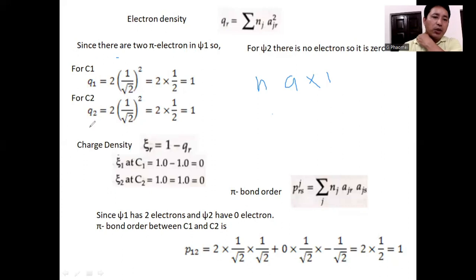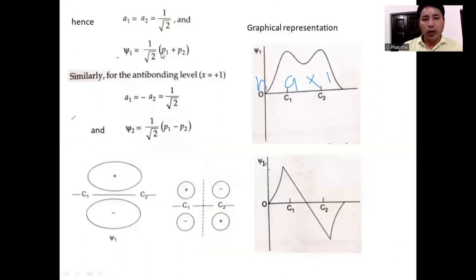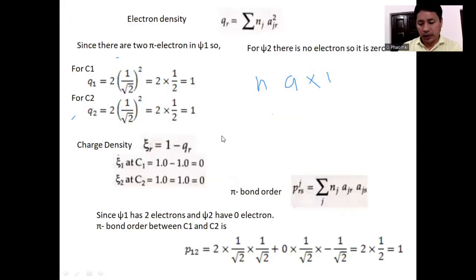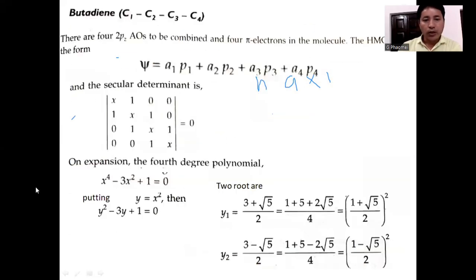And at carbon 2, since there is no electron in the other orbital and here there are 2 electrons, it is 2 into A1 square. For carbon 2, here also it is 1 by root over 2, it is the same.